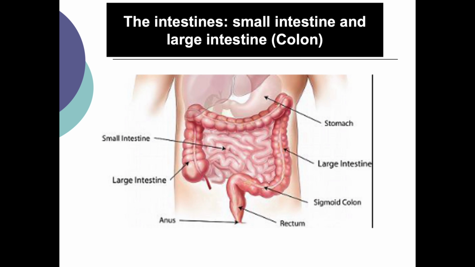Okay, the intestines. The food is coming from our stomach into our small intestines. Here are our small intestines. What are they, about 12 meters worth of small intestines. The small intestines empty into the large intestine. You've got the appendix here, which is kind of a vestigial organ.